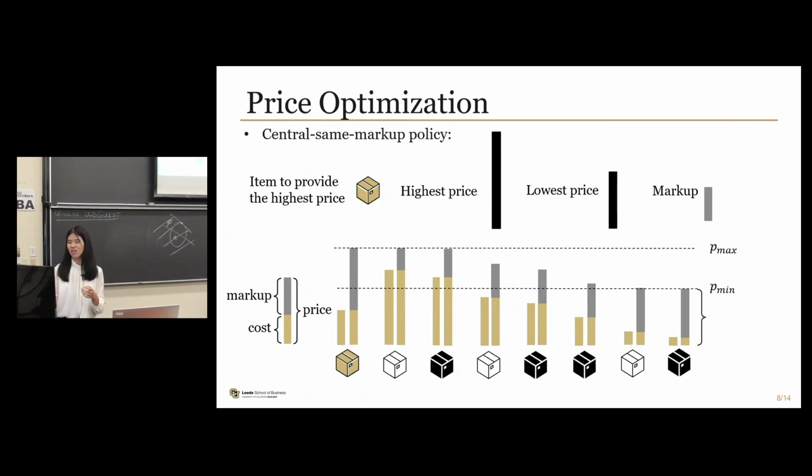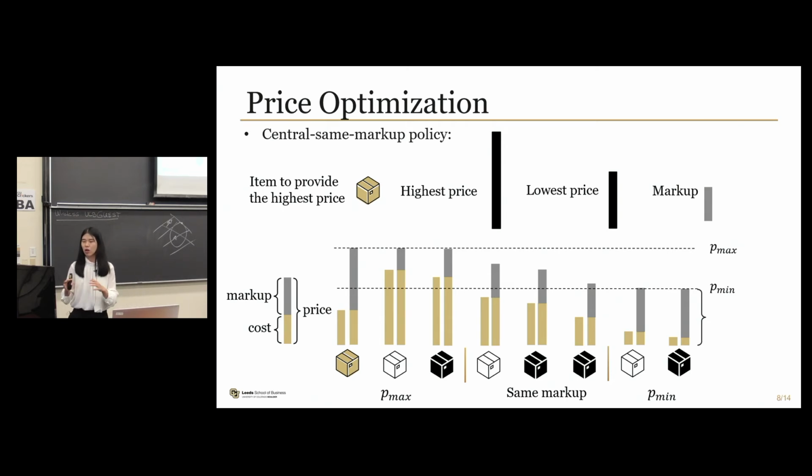After these steps, this assortment can be divided into 3 parts. The first part all have the same price, equal to the highest price. In the central part, all the products have the same markup. And in the third part, they have the same price, the lowest price. So that is the central theme markup pricing policy.